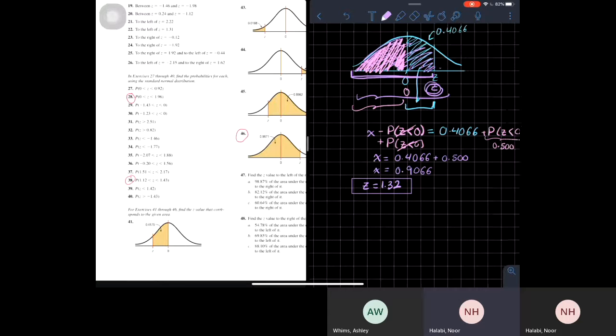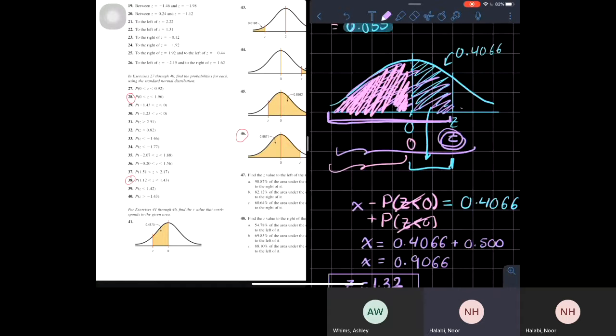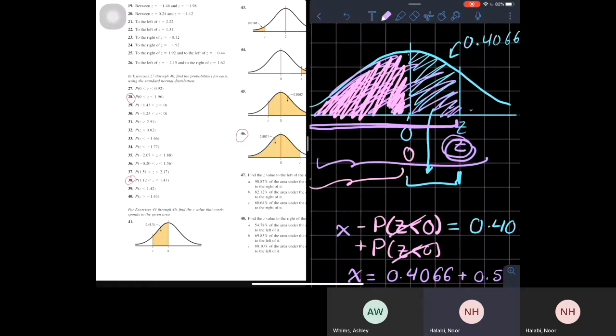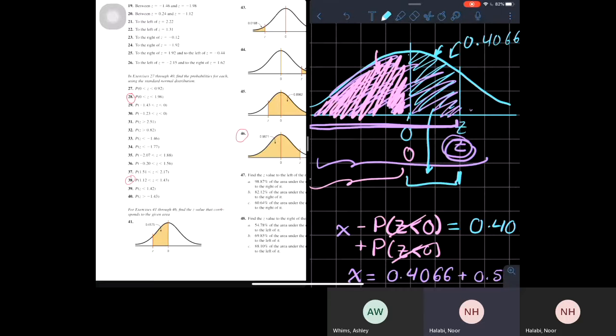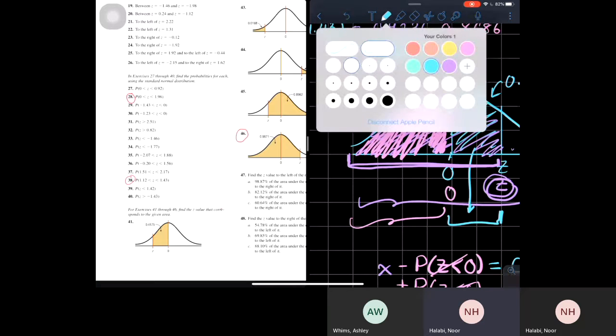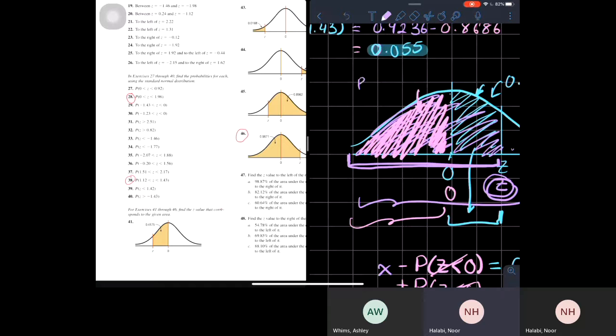So just a little recap. We have the pink area because we can figure it out from the table, and they gave us the blue area, and we know that purple minus pink will give me blue.